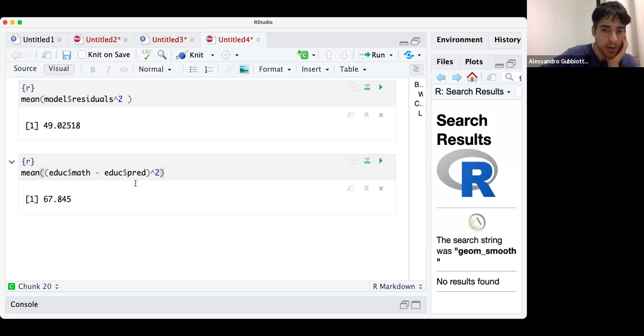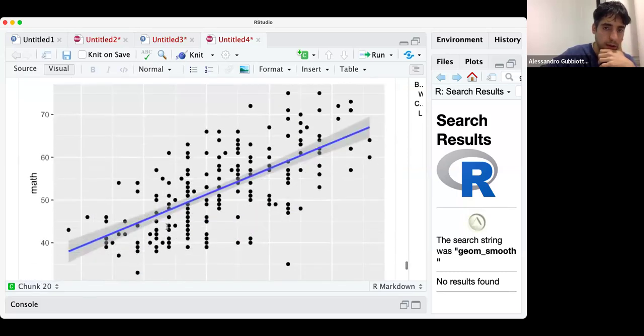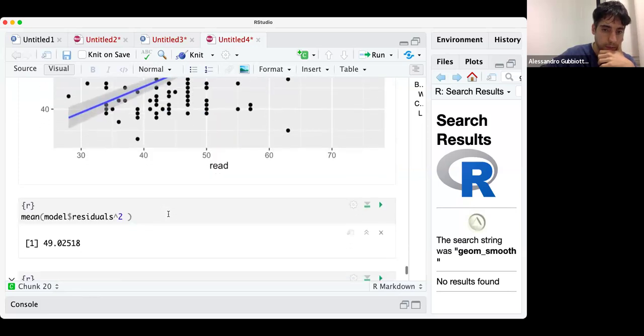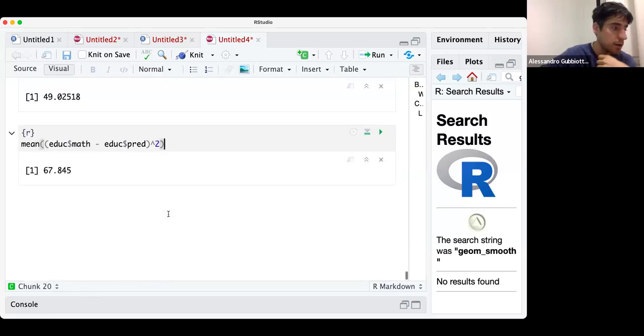Okay, they are bigger, of course. So this is an instance that we are minimizing the above quantity. Okay, so this is actually, I mean, a good check to do.